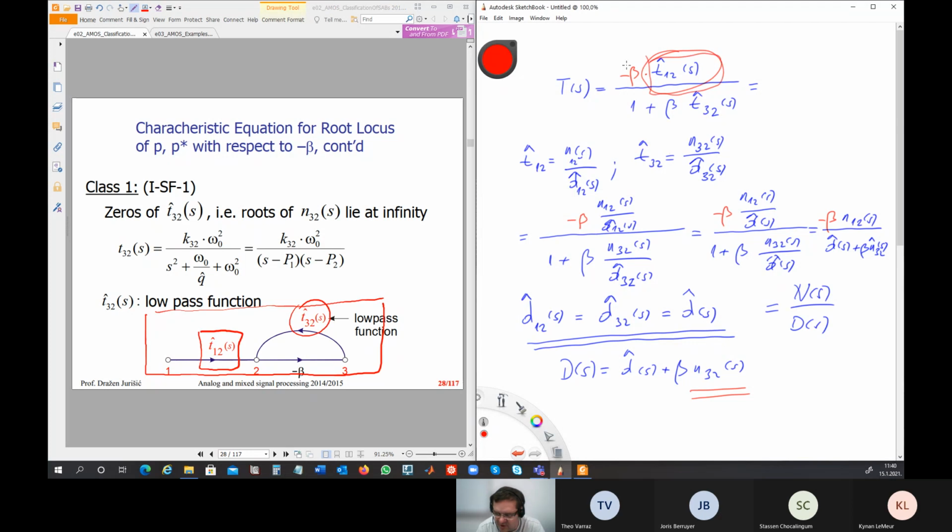So the character of the overall transfer function is defined by this one. And the character of the position of the poles regarding this characteristic function is defined by this one in the feedback.